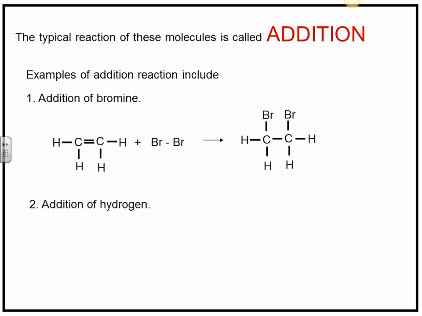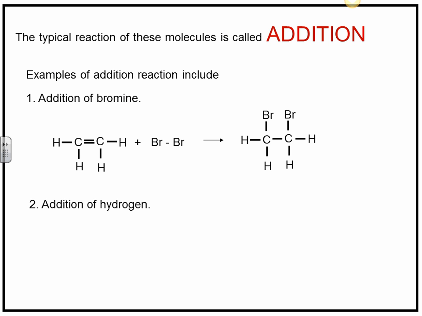Now, can you tell me why bromine will react quite well with this? What is it about bromine that makes it react quite easily with ethene? What do you think? Sarah? Speak up. I don't hear a word.